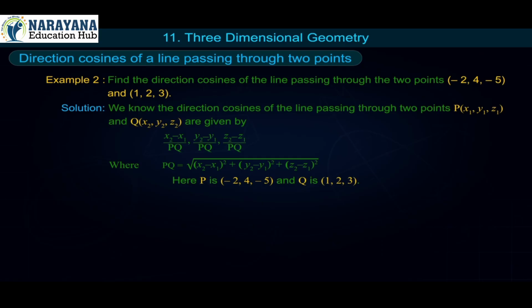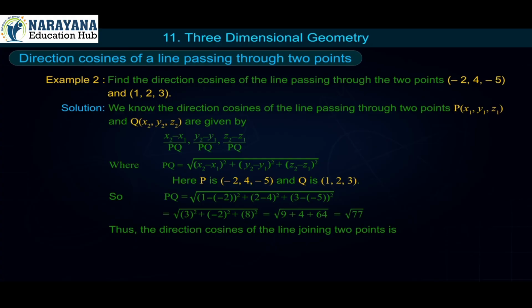Here P is (minus 2, 4, minus 5) and Q is (1, 2, 3). So PQ is equal to square root of (1 minus minus 2) whole square plus (2 minus 4) whole square plus (3 minus minus 5) whole square, which is equal to square root of 3 square plus (minus 2) square plus 8 square, which is equal to square root of 9 plus 4 plus 64, which is equal to square root of 77.